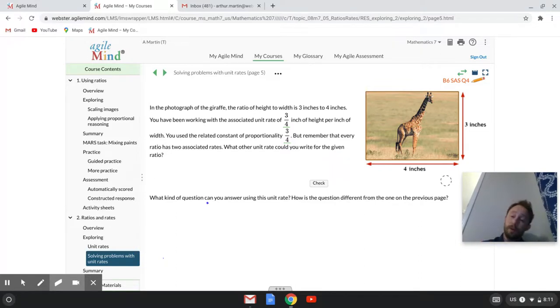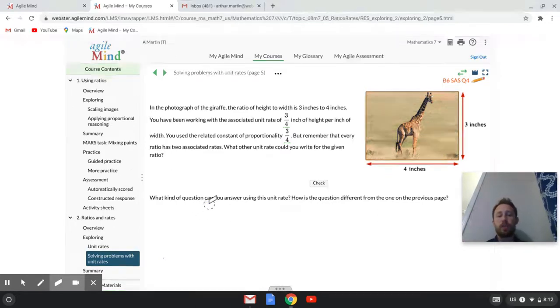Well, we know that if we take our width and divide it by our height, that will give us our width per inch. So we know that our width per inch would be 4/3 inches of width to every 1 inch in height.